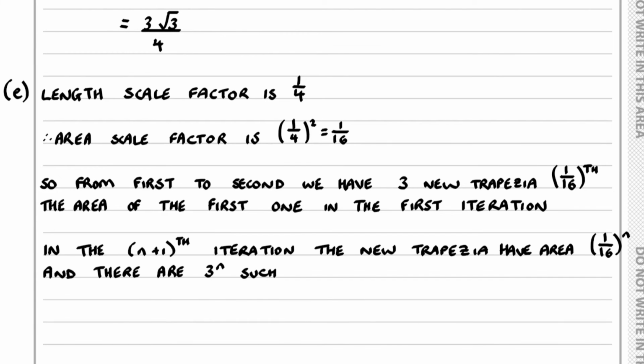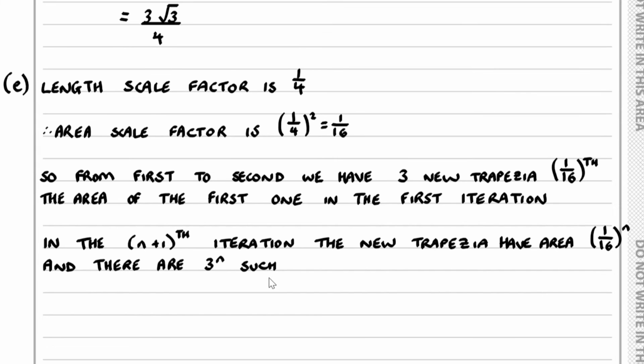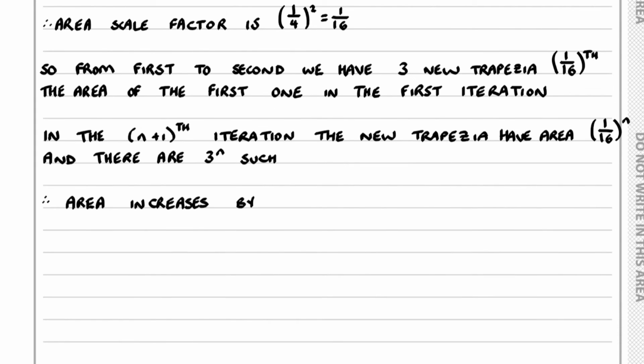And in the n plus 1th iteration, the new trapezia have area 1/16 to the n, and there are 3 to the n such, and so we can say that the area increases by 3 to the n times 3√3/4 times 1/16 to the n.